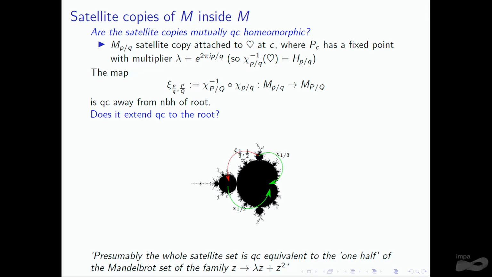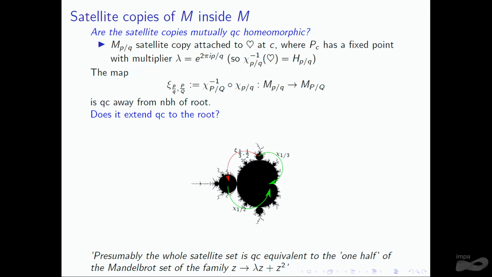Actually, Lyubich, in the paper where he proves the quasi-conformality of the satellite copies to the whole Mandelbrot set, away from the neighborhood of the root, and the primitive copies to the Mandelbrot set, says that presumably the whole satellite set is quasi-conformally equivalent to one half of the Mandelbrot set of this family, the logistic Mandelbrot set.